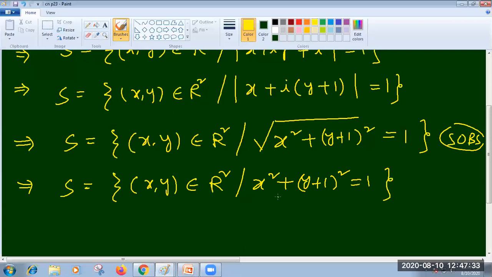So it is an equation of a circle with center 0 comma minus 1.